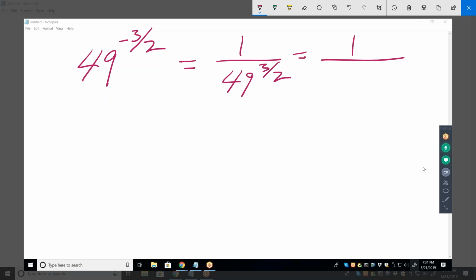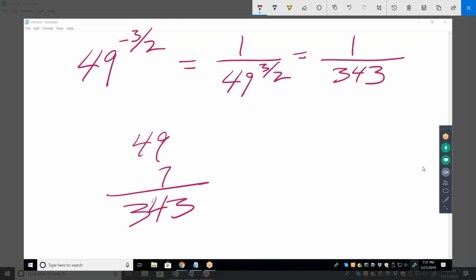The denominator first, the square root. The square root of 49 would be 7, and then 7 cubed would be 343. That's the answer.